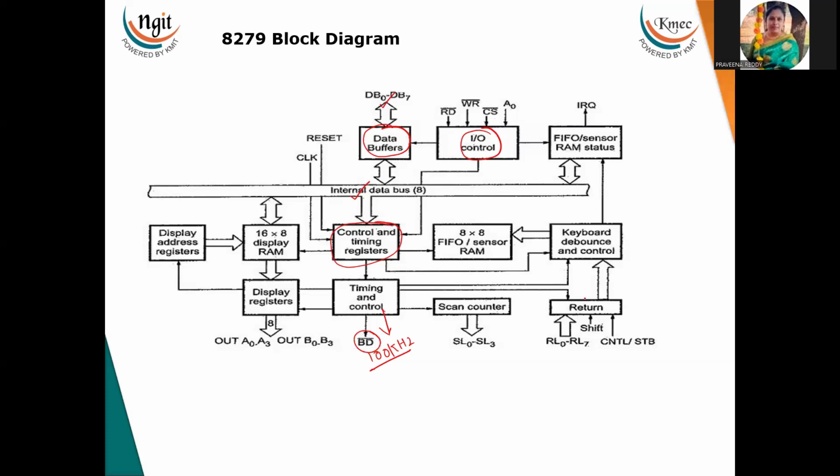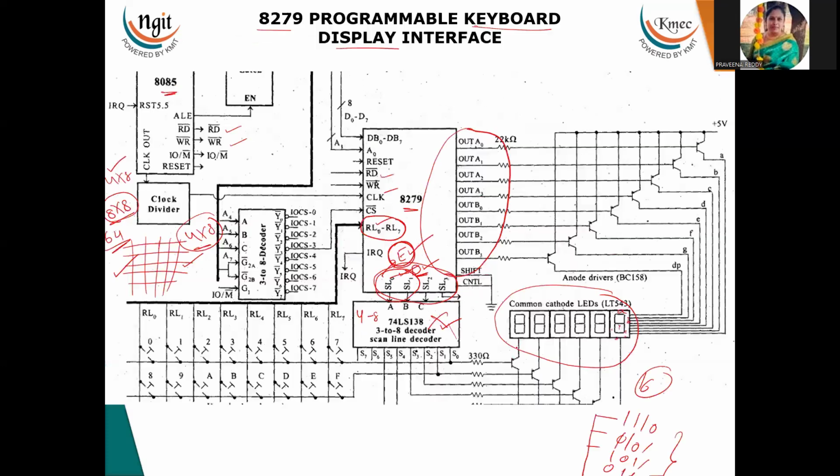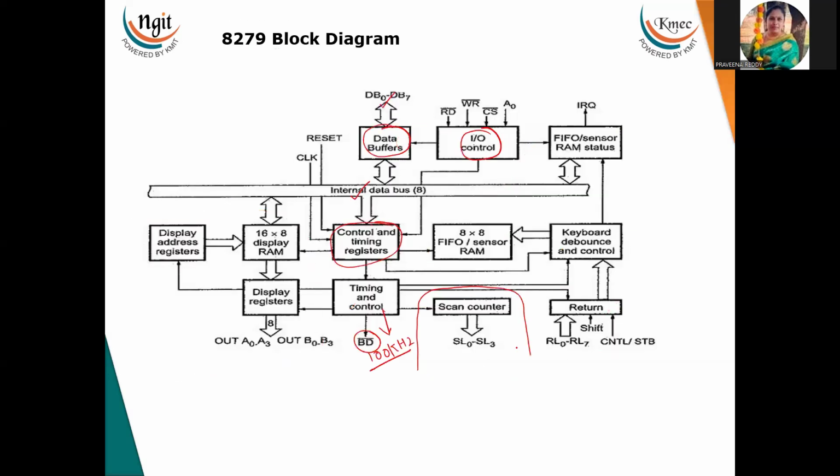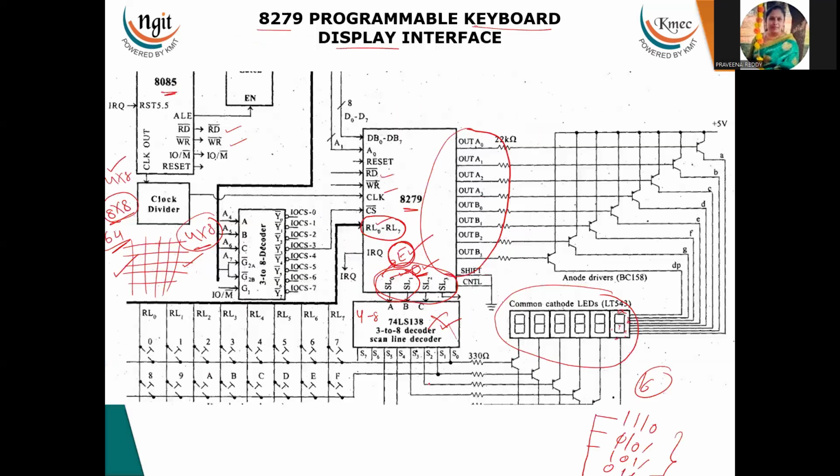Now coming to the next one, the scan section. In this connection diagram, I have explained already. We can operate this scan section in two different modes: one is encoded mode and another one is decoded mode. What is encoded mode and what is decoded mode?